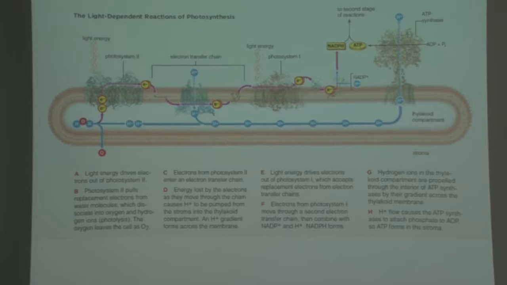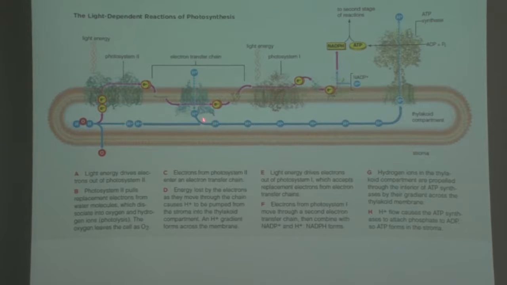First, at photosystem 2, light energy gets absorbed and used to excite the electron up. The electron gets the energy and is transported along this chain. Since this electron contains energy, as it goes through the transfer chain, it pumps up protons.